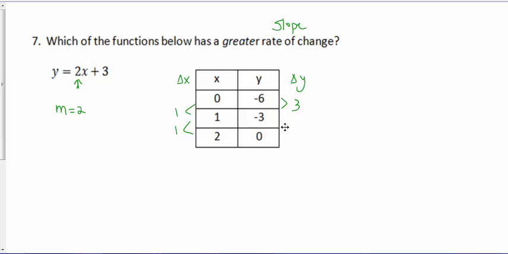You're going up the number line, and negative 3 to 0 is 3. So you have 3 over 1. Which has a greater rate of change? Is it 2 or 3? Well, 3, which means the table has a greater rate of change.